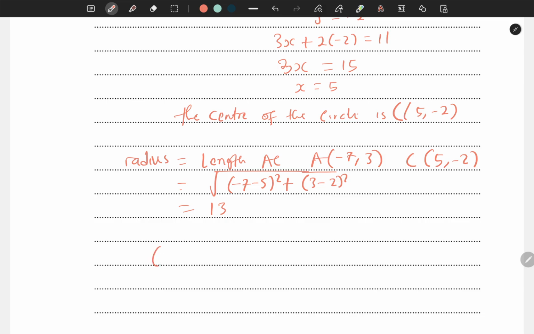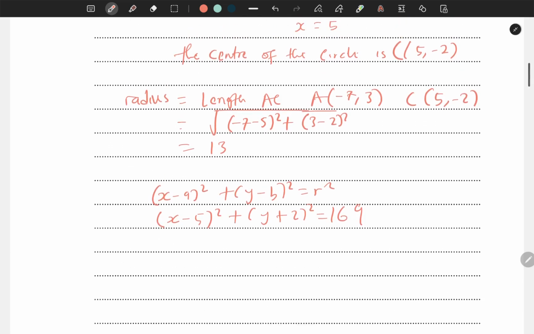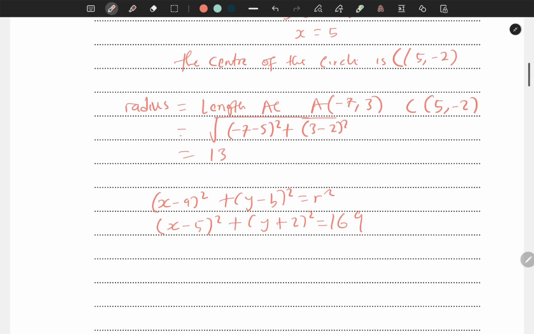So it means now that the equation of the circle, (x minus a) squared plus (y minus b) squared equals r squared, will be (x minus 5) squared plus (y plus 2) squared equals 169. And that is the solution to that question.